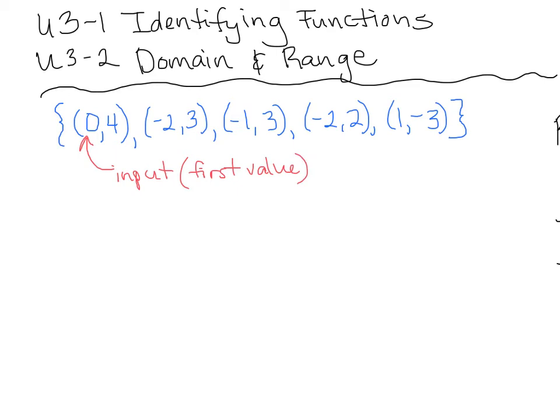And then the second value is called the output. Okay, the second value. So notice that each ordered pair is an input and then an output value.